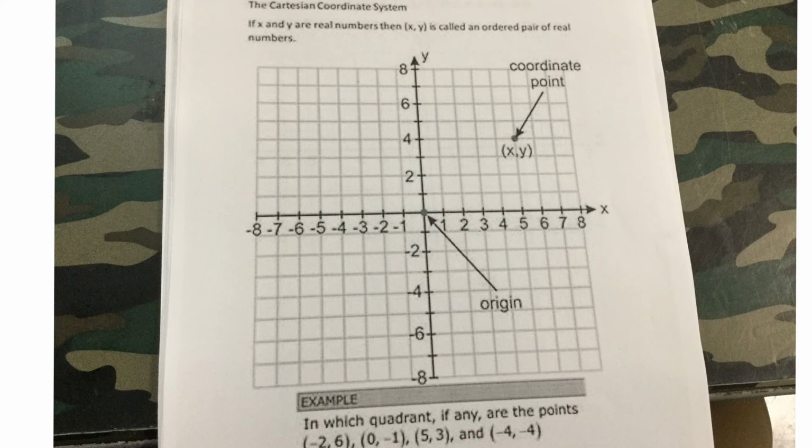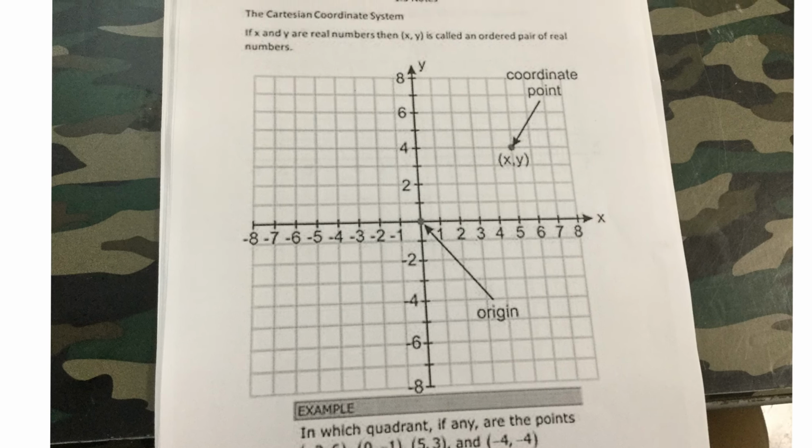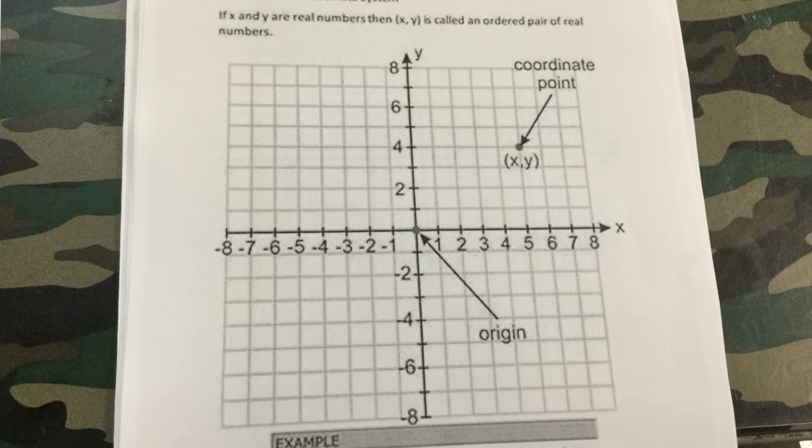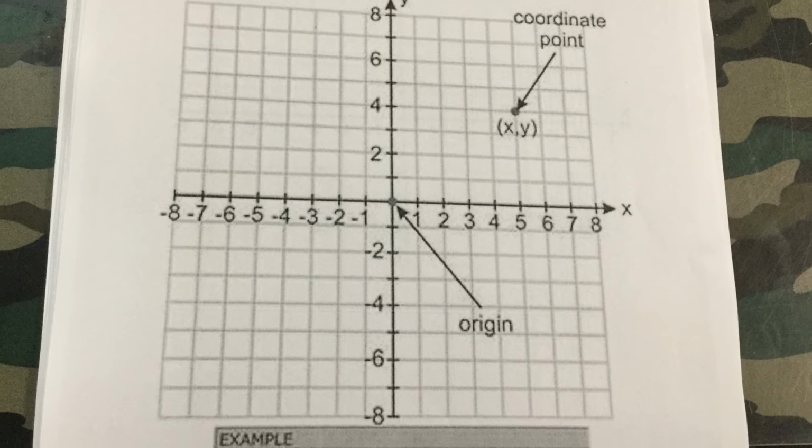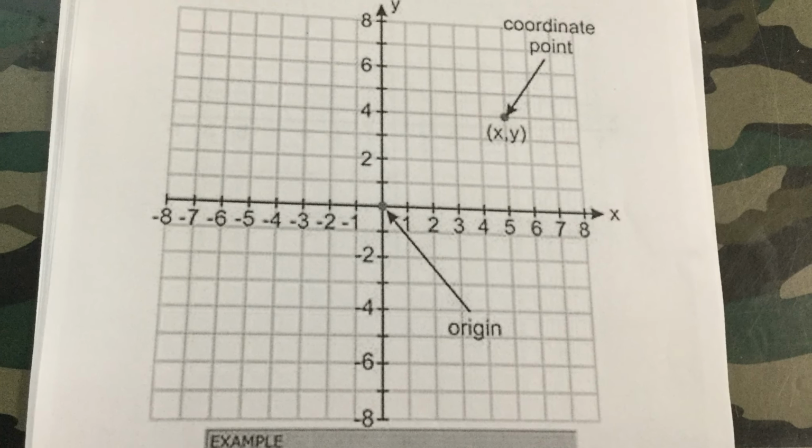If x and y are real numbers, then the ordered pair x comma y is called an ordered pair of real numbers. So, everybody familiar with graphing? Do I need to do an in-depth study? So remember, left to right is the x-axis, up and down is the y-axis. Where the two axes meet, that is the origin.